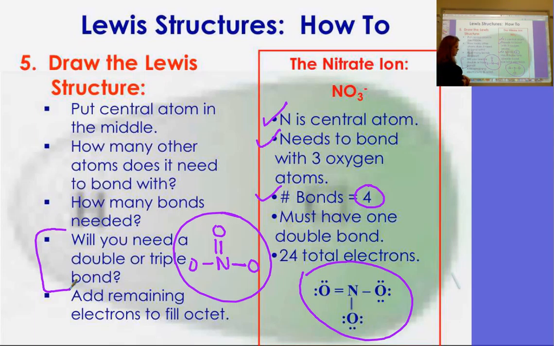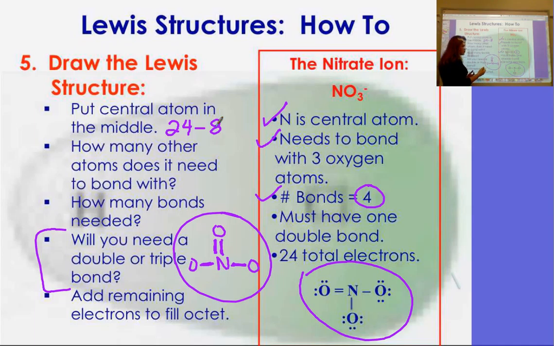Now, since each pair is 2 electrons, in this diagram here I use 2, 4, 6, 8 of my total electrons. 8 of them are bonding electrons, but how many did I have? I had 24. Now I've got to fill up the rest.